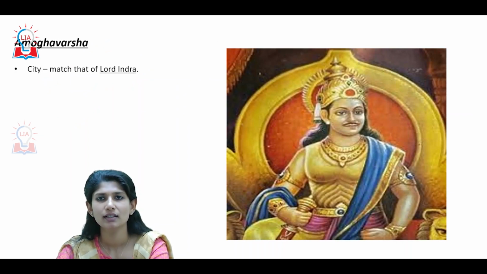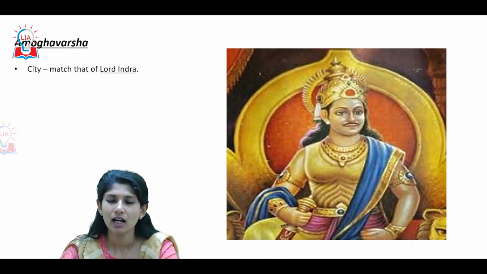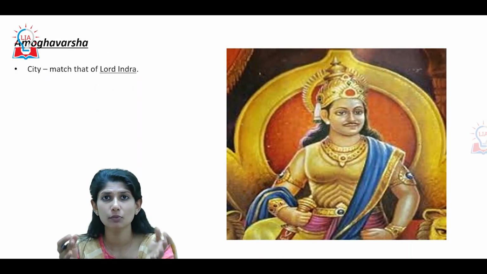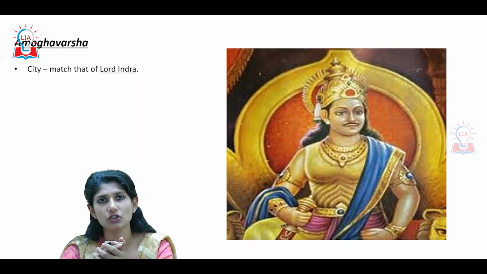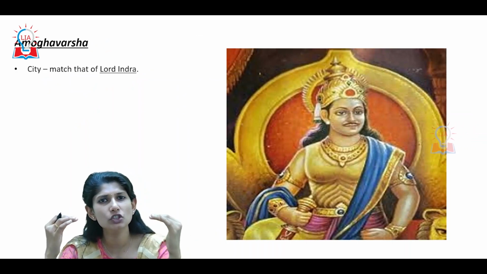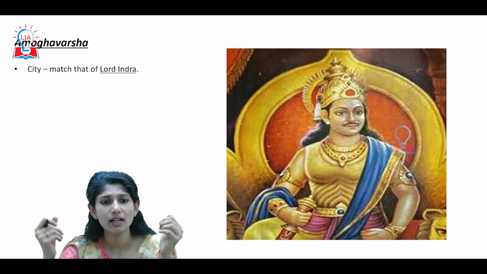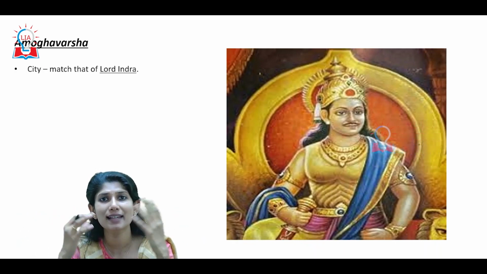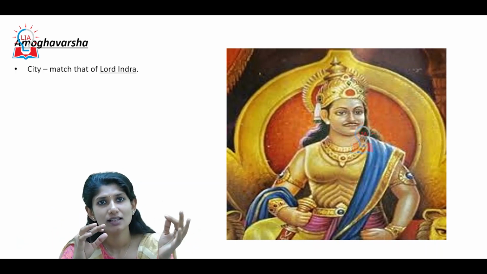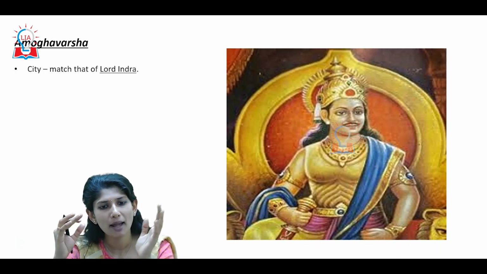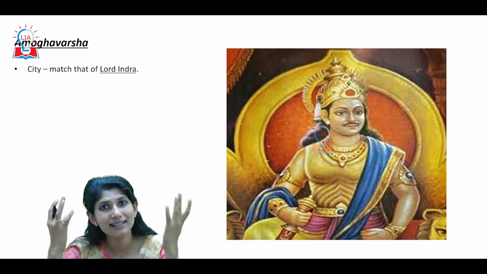Alright. Now look at this. Amogavarsha. We've spoken in the political part of the Rashtrakutas that they are known for cultural achievement more than just military achievement. Amogavarsha is claimed to have built a capital city that was a match to what Lord Indra had built.